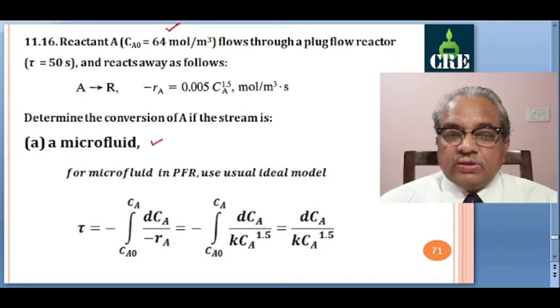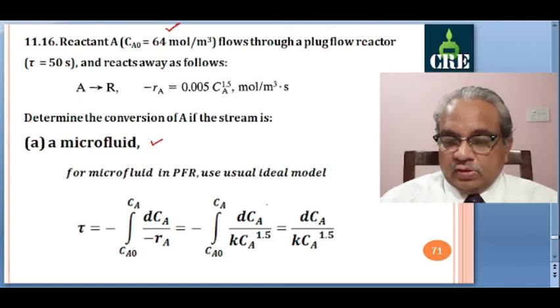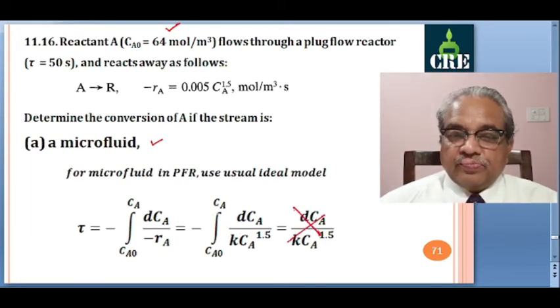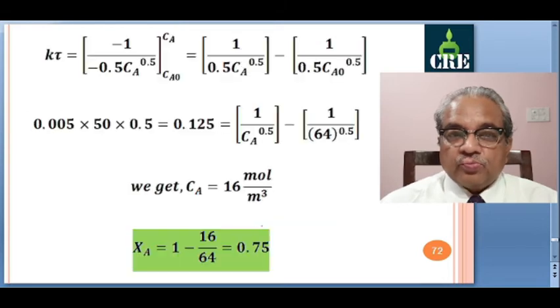We have to solve the integral from Ca0 to Ca of minus dCa by k Ca raised to 1.5, and the k value is known.